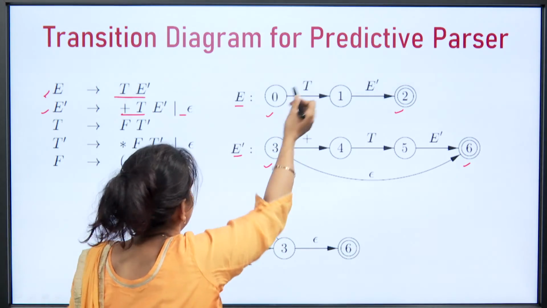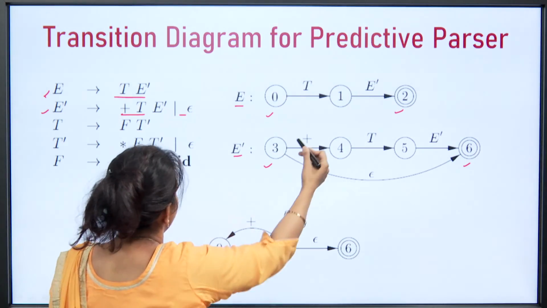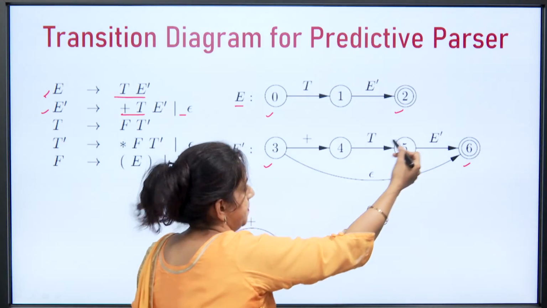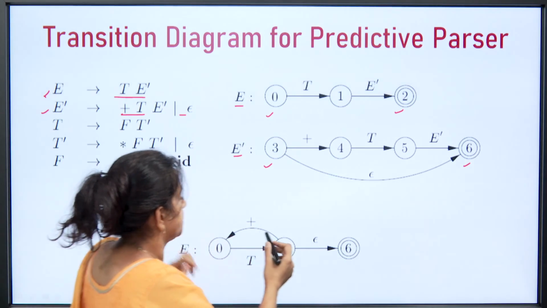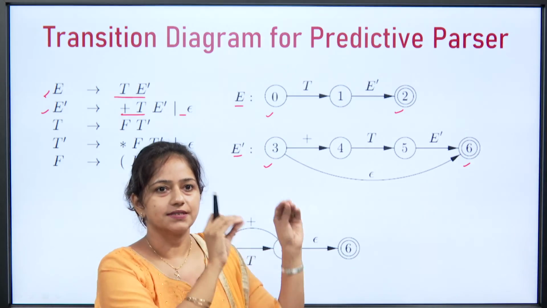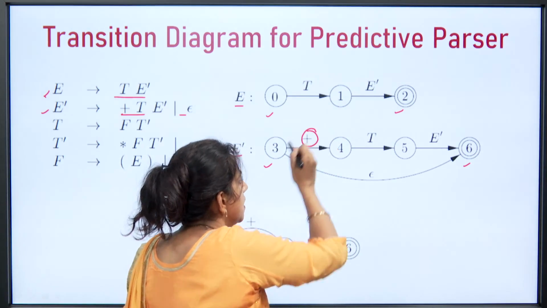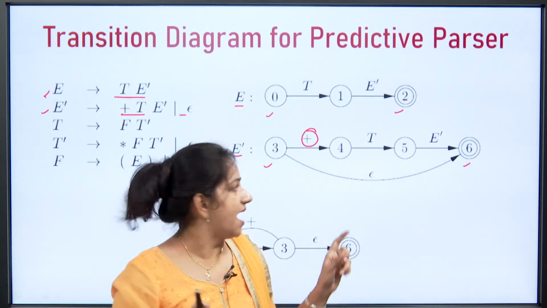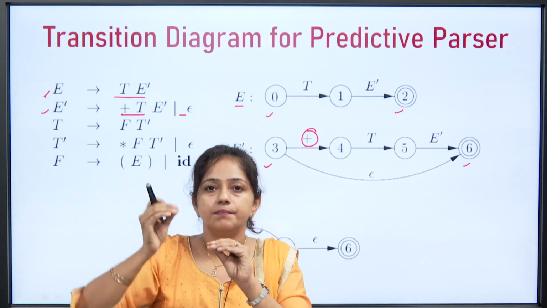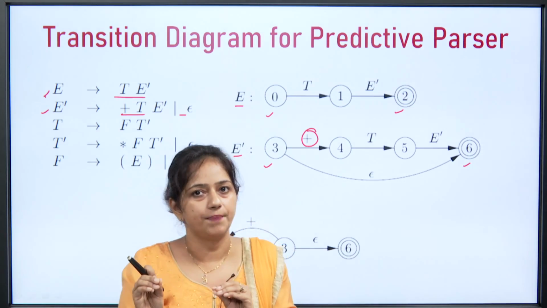So, first will be for T, next will be for E prime. Similarly, for E prime, first will be plus T and E prime, and next is E prime to epsilon. So, here we will mark the move for epsilon also from the start state to the final state. Whenever we have a terminal, it shows that some input symbol or token corresponding to the input has been obtained.